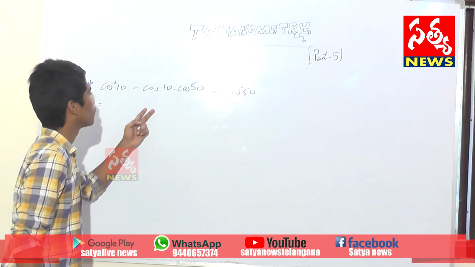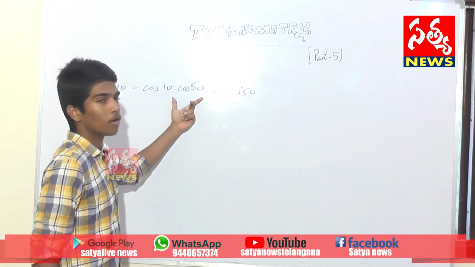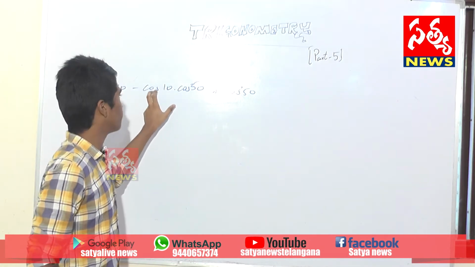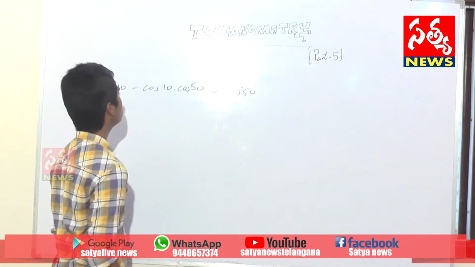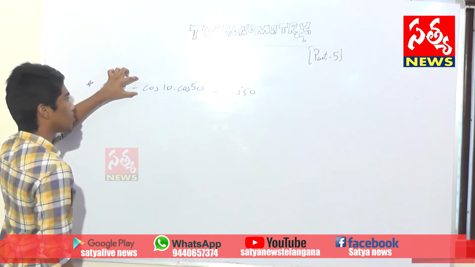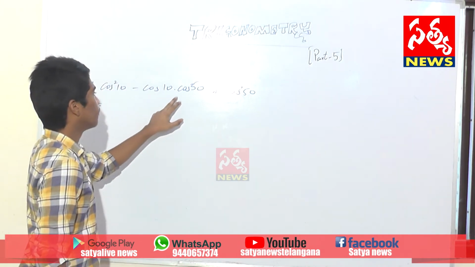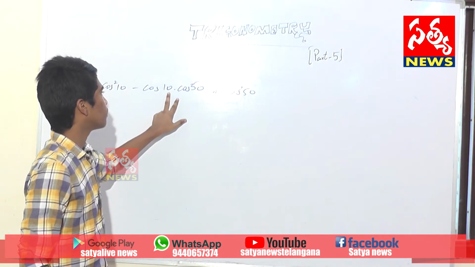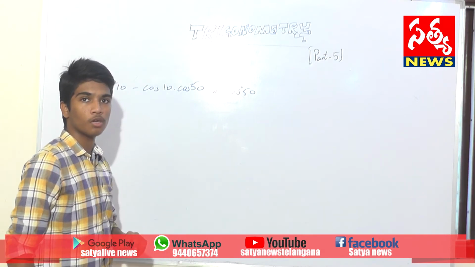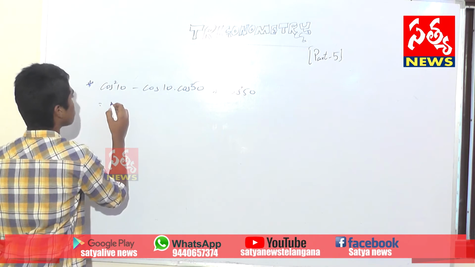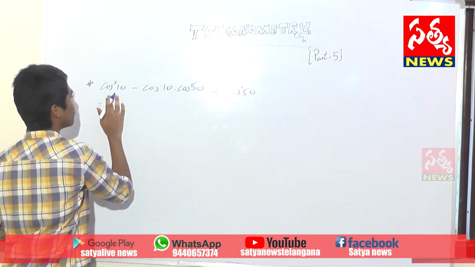Okay. So here there is cos 10 into cos 50. First we have to eliminate this multiplication. So to eliminate this, if there is 2, we can say this is the term we get after multiple angles, or cos c plus cos d, like that terms, right? So I am going to multiply and divide 2.